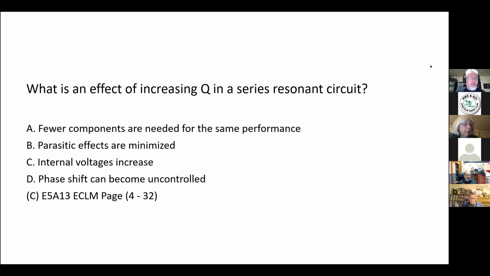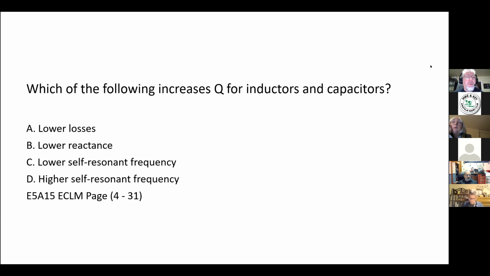C. C is correct. The internal voltages increase. All of these particular things you're looking at now is the math and physics behind why loop antennas work very efficiently, because the Q is just out of sight.